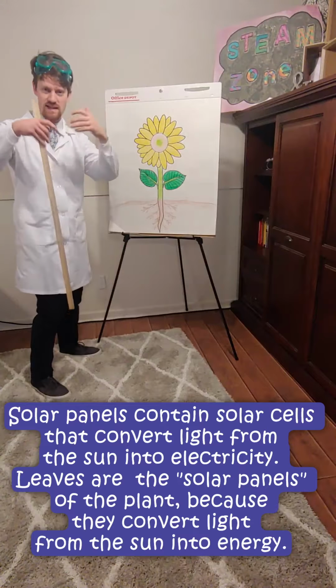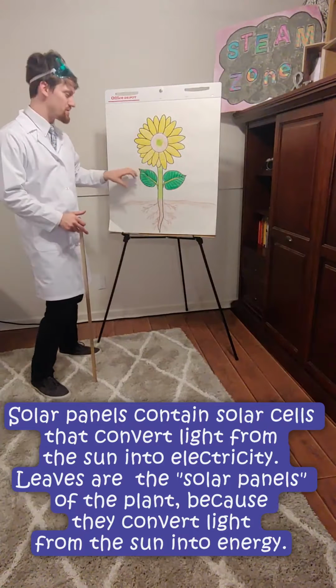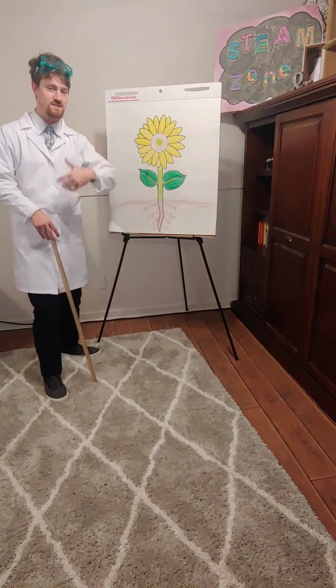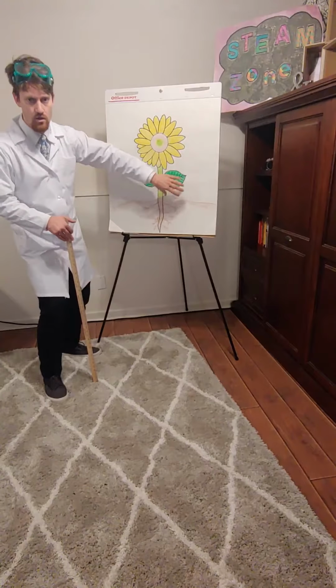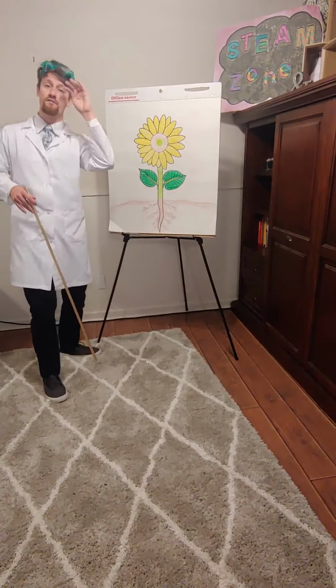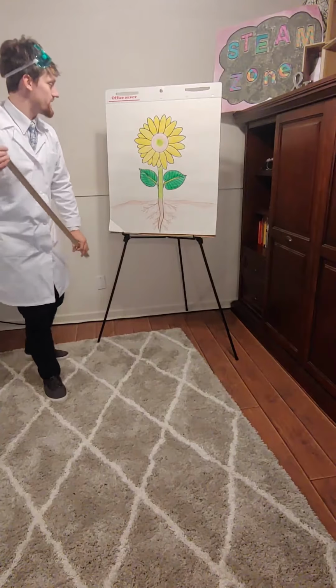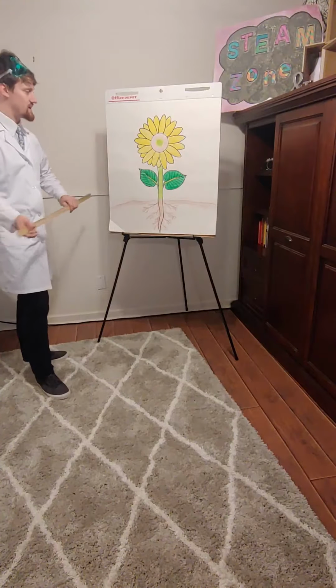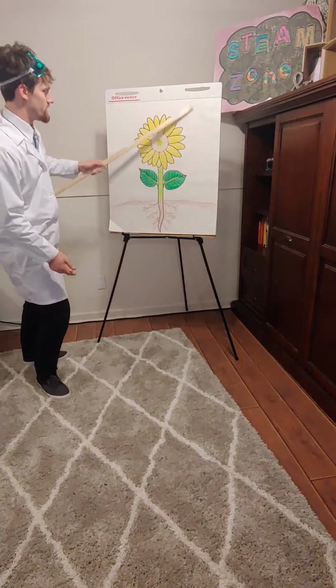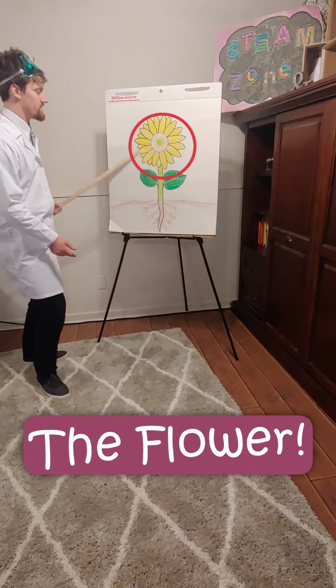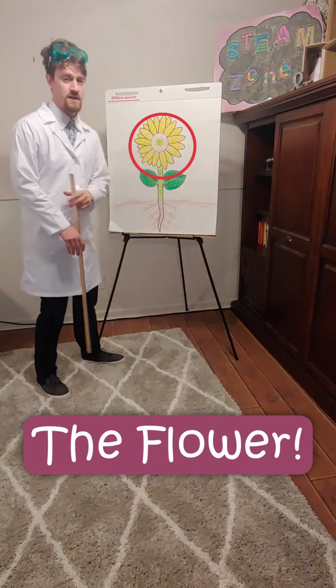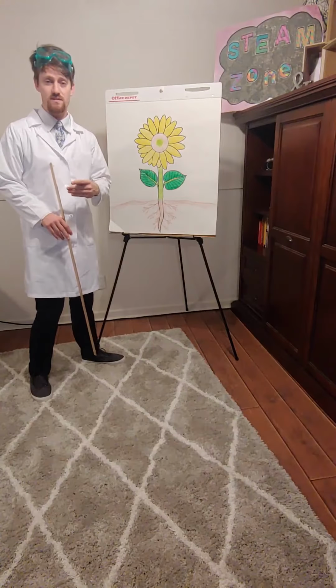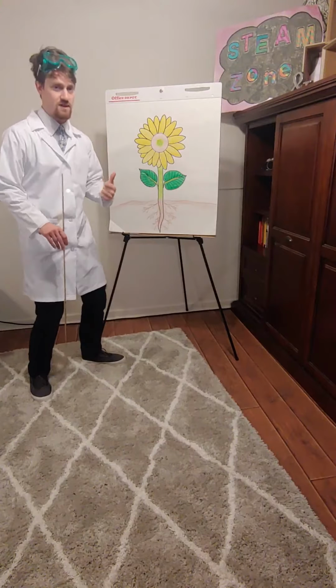They help the plant breathe. Even though the plant doesn't breathe like we do, a plant still does need air, and that air comes in through the leaf. Now, our fourth and final part of the plant that we're going to talk about today is the flower. Right there. So the flower, it's going to be very, very important to the plant. Come with me, we'll find out more.